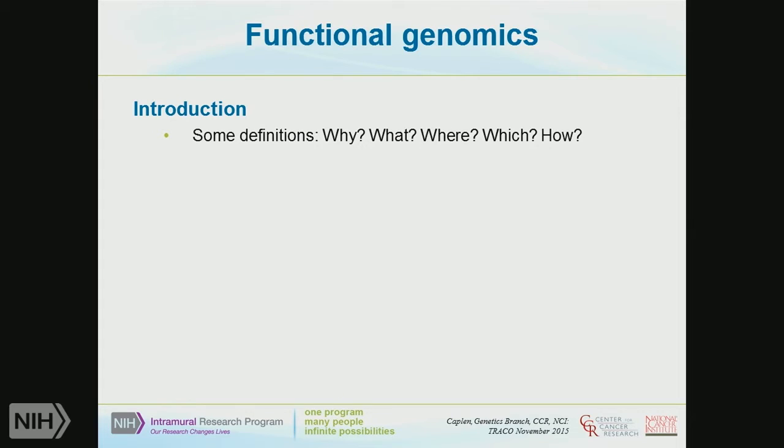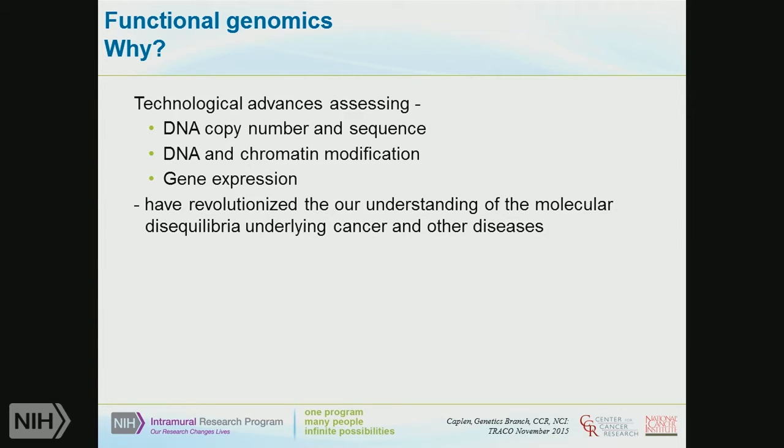Okay, so some definitions. Why do we need functional genomics? So I think most of you are aware that obviously being able to profile on a genome-wide basis, on a transcriptome basis, DNA copy number, variations in sequence, mutations in sequence, DNA and chromatin modifications, and then actually being able to profile gene expression data, that these very large-scale data sets have absolutely revolutionized how we understand the disequilibrium that's underlying cancer and other diseases.